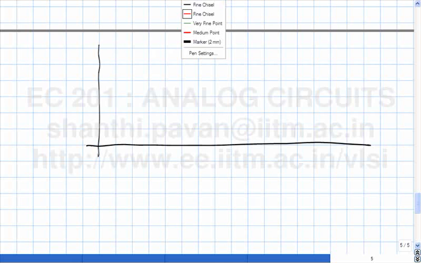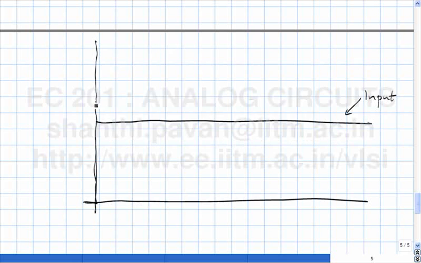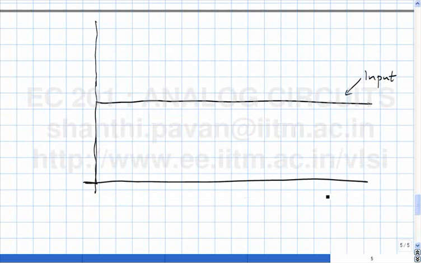Alright, this is the input to an amplifier. It's a step. This is time. And assume that the closed loop gain is 1, so that the output eventually will settle to the same value as the input. Okay.